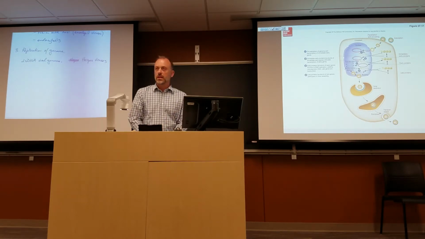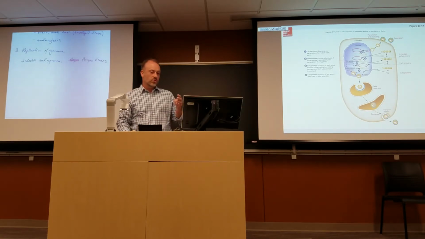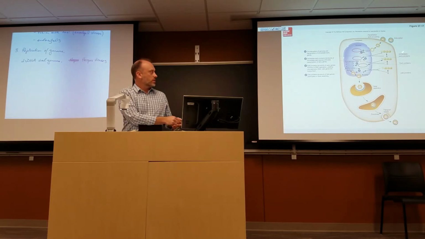So the DNA genome is getting replicated in the nucleus. That totally makes sense, right? But what's happening is a little bit different. It forms this circularized form of the DNA. So first thing is circularization of the genome and transcription of the immediate early genes. So this gets circularized like that. There's classes of genes in the viral genome called the immediate early genes, the early genes, and the late genes.